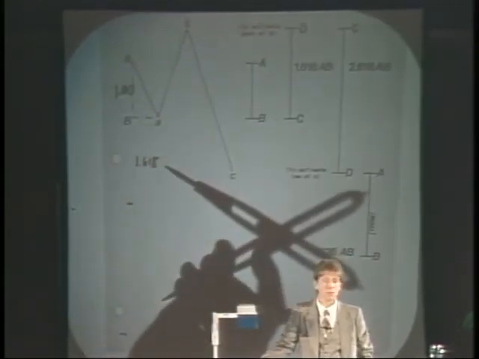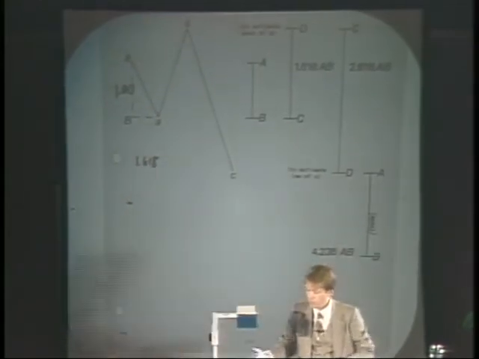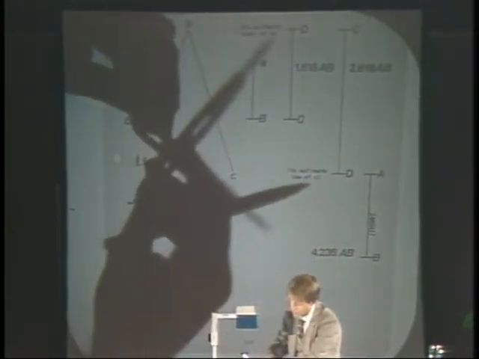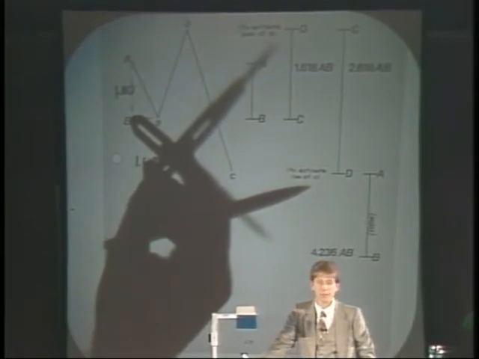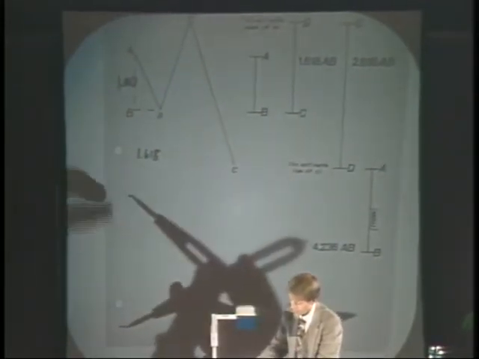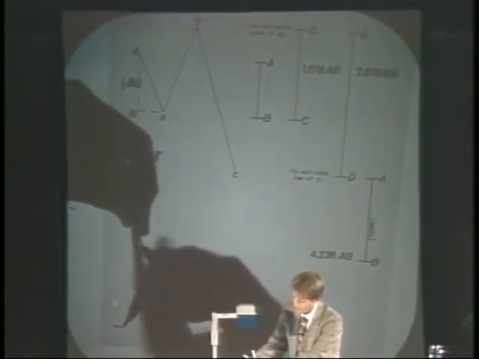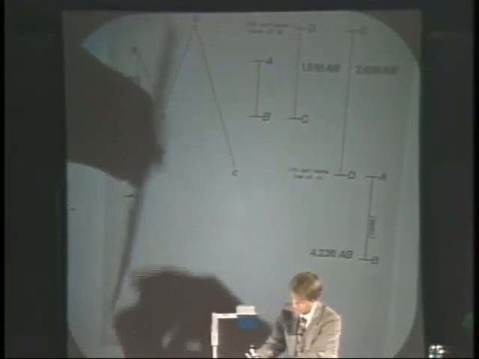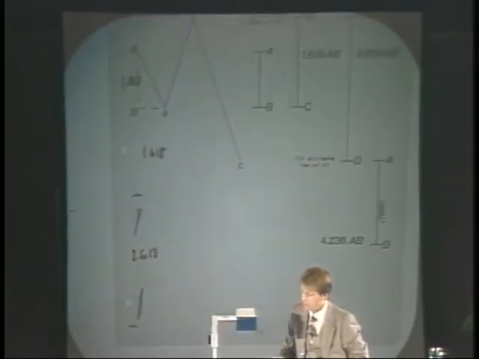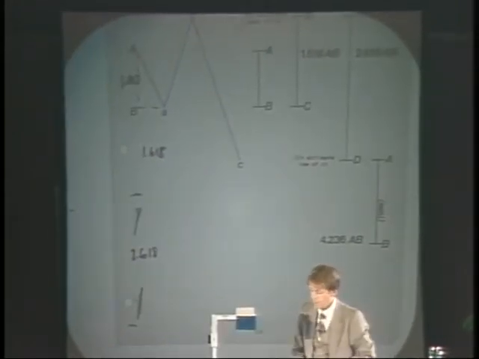1 plus 1.618 yields 2.618. Or I could just measure 1.618 with the narrow end of the compass, flip the compass again, and make a mark. And this length would be 2.618.